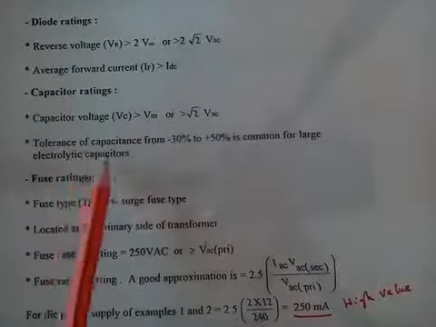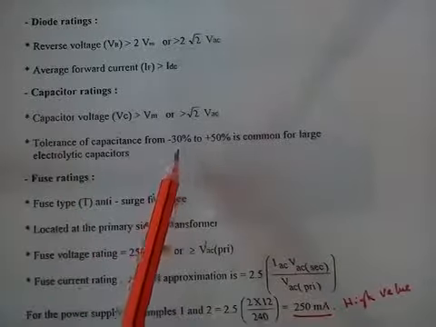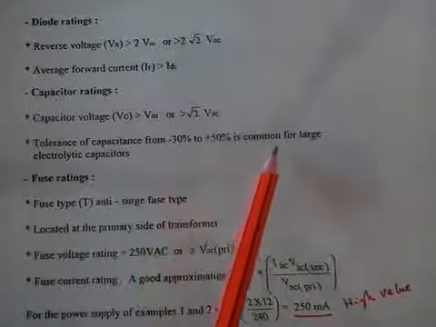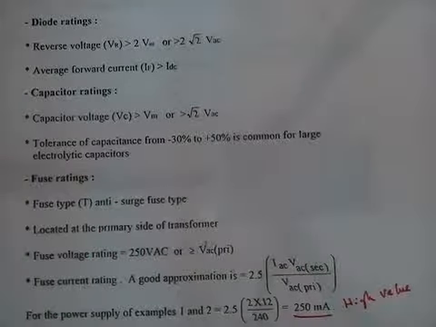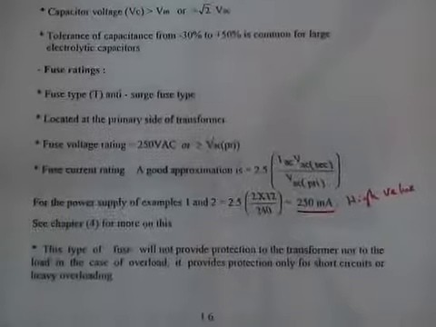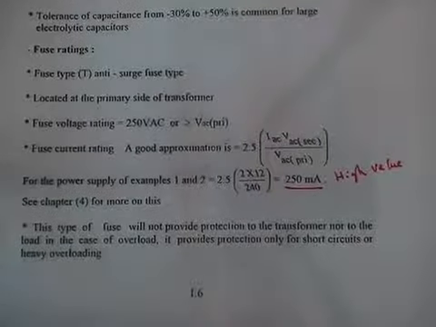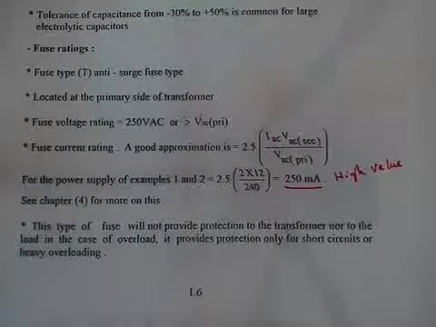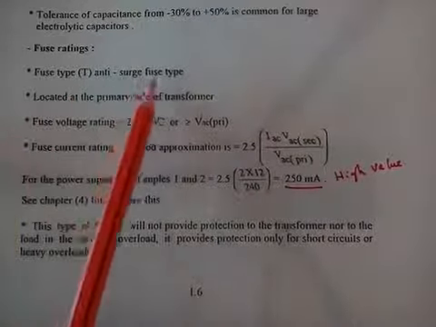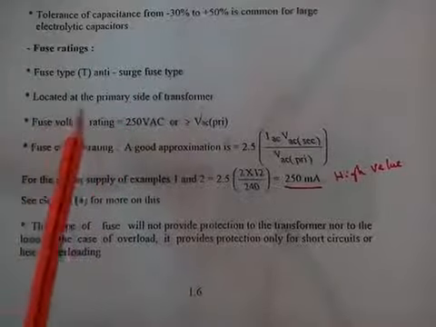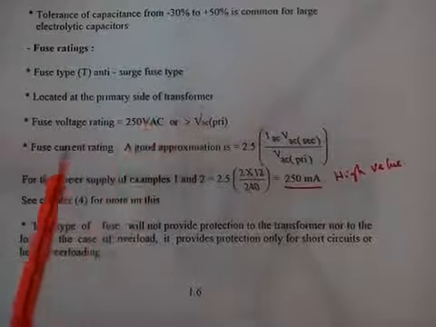We should know that the tolerance of such caps would be from minus 30% up to 50%. That's common in electrolytic caps. The fuse ratings. The fuse type must be a T and anti-surge, located of course at the primary side of the transformer.